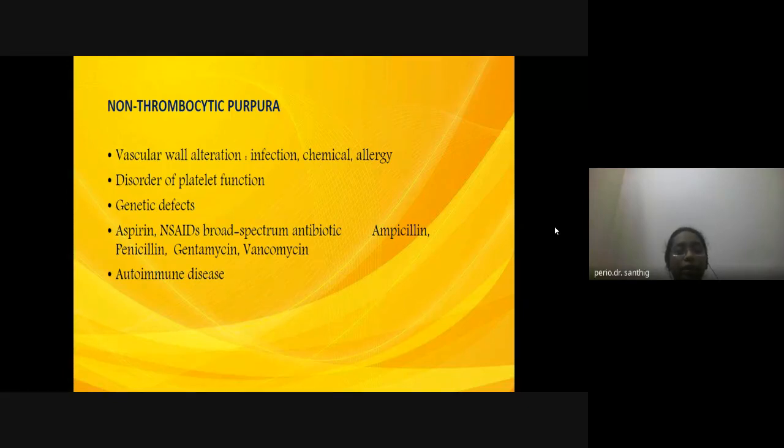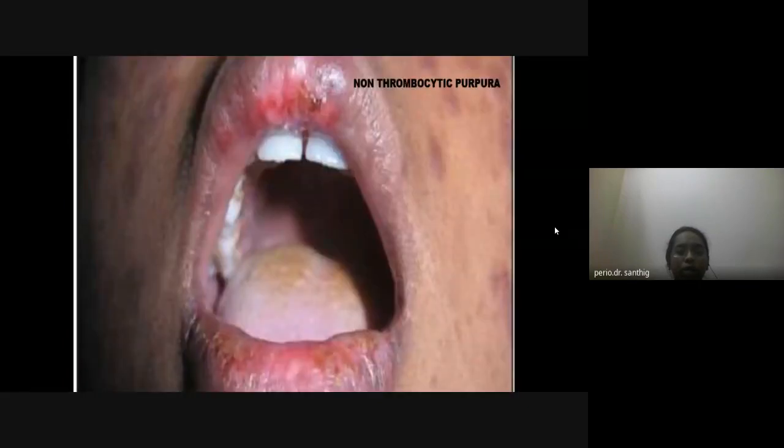There can be genetic defects, and also patients using drugs like aspirin, NSAIDs, and broad spectrum antibiotics such as ampicillin, penicillin, gentamicin, and vancomycin can suffer with non-thrombocytopenic purpura, because these drugs act on platelet function. Autoimmune diseases can also cause it. This is the condition with non-thrombocytopenic purpura.